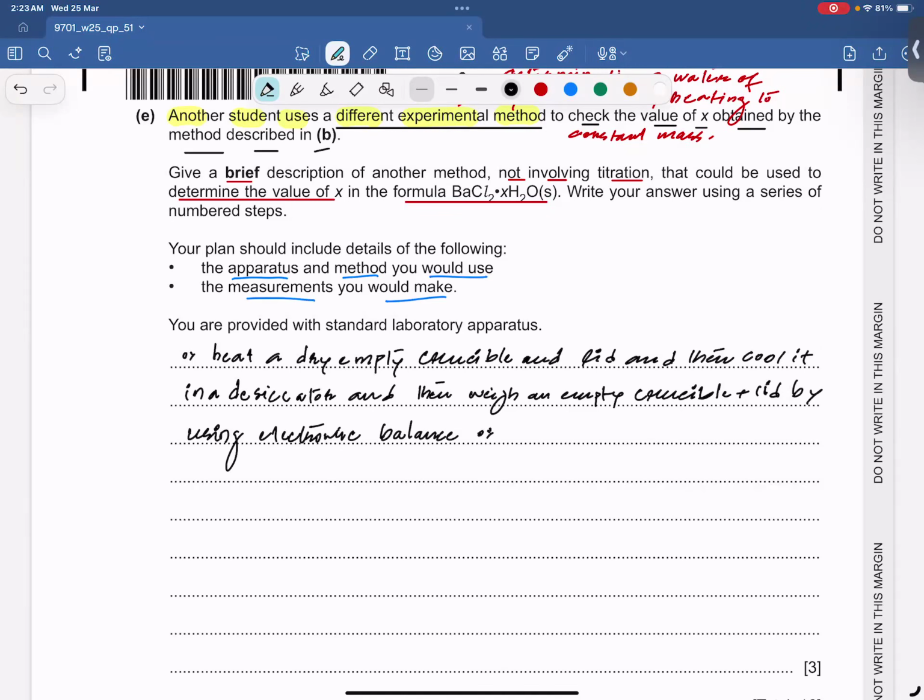Next point, place approximately 1 to 2 gram of hydrated barium chloride into the crucible and reweigh.